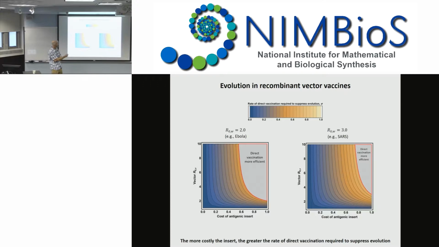So the problem is you get this sort of catch-22, whereas you increase the vector R naught, sooner or later you run into this gray region. And what that means is in order to suppress evolution of the vaccine, you have to vaccinate so much that you might as well just use a traditional vaccine, okay? So what I think this result helps to do is guide efforts to develop these recombinant vector transmissible vaccines in the sense that at least it shows that you've really got to be sort of conscious of this cost of the antigenic insert and how that might balance out with the vector R naught and the results of evolution.